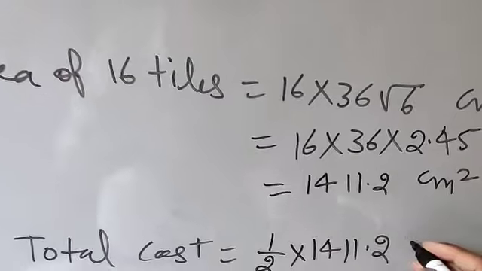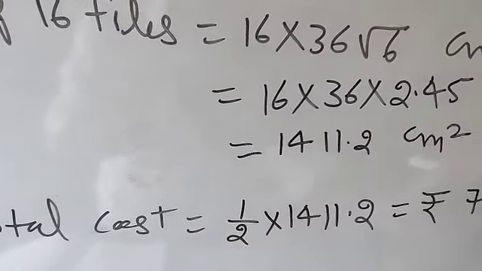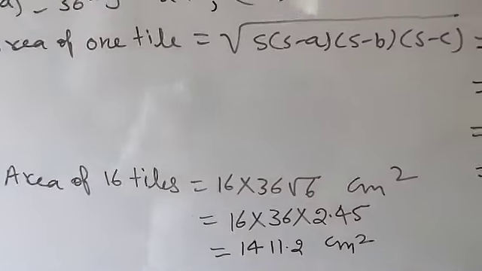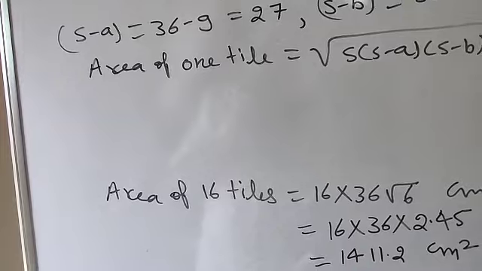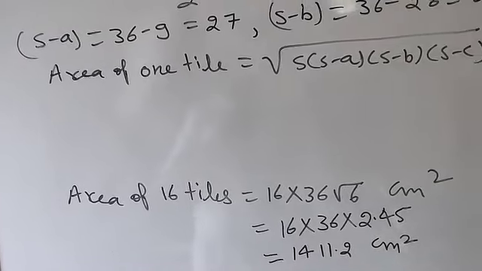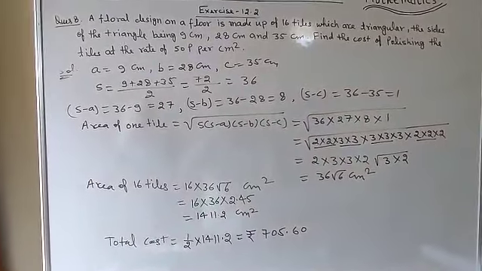So if you divide, it will be equal to rupees 705.60. So I converted 50 paisa into rupees, that is 1/2 into the total area, which is equal to 705.6 rupees. So that is the total cost.